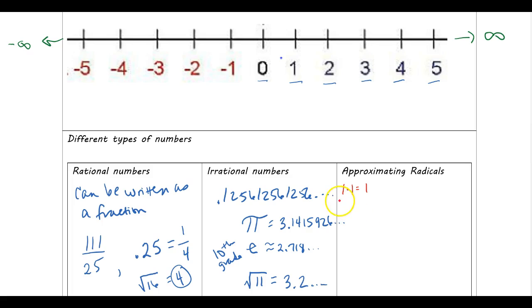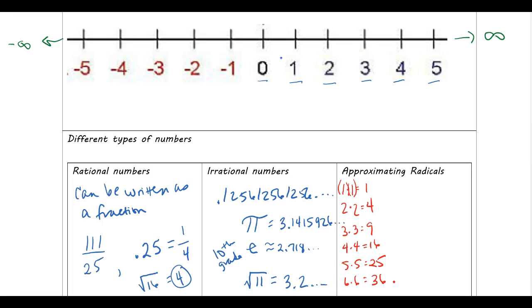So either write it as 1 with a little dot 1, or you could write it in parentheses. That would be fine too. 1 times 1 equals 1. But I'm going to do the dot. 2 times 2 is 4. 3 times 3 is 9. So this should be easy peasy for everybody. And let's just do up to 6 because we're running out of room.